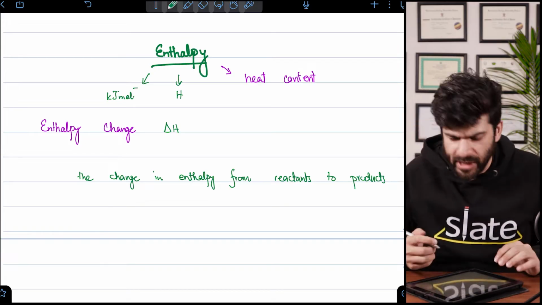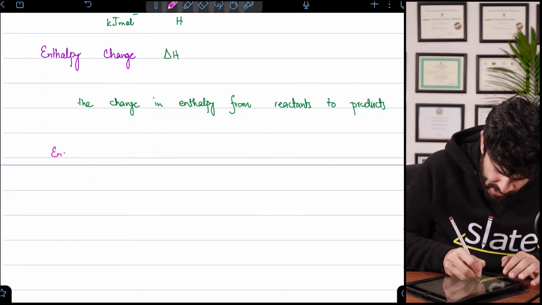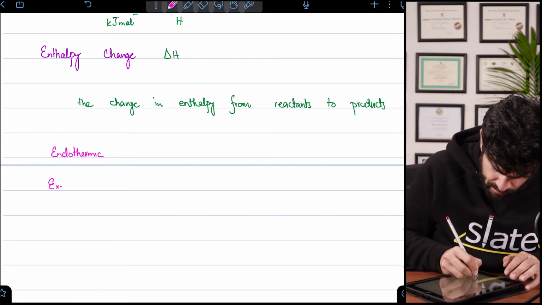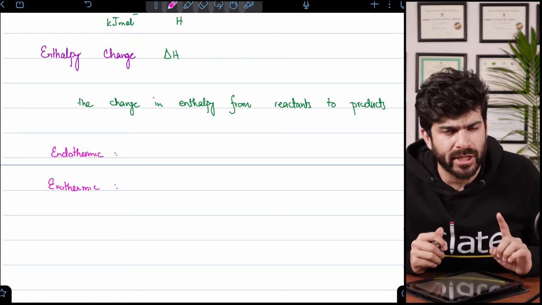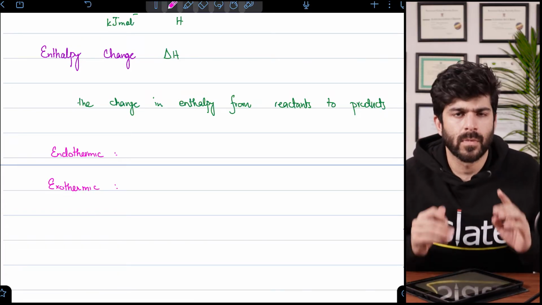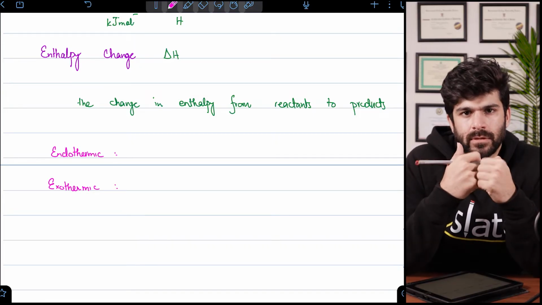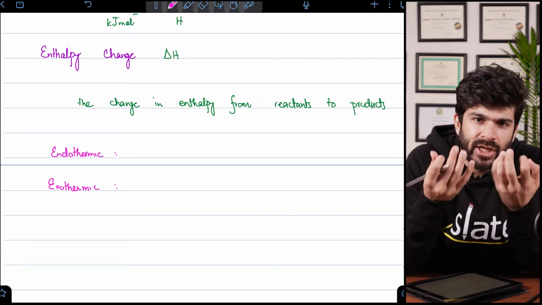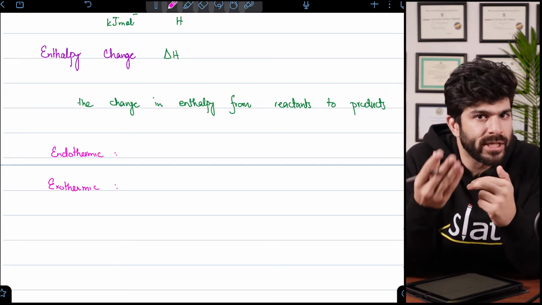So we have two types of reactions. Again, endothermic, exothermic. So in the case of endothermic reaction, the energy is being added. The change of the system, since the energy is coming in, we are adding the energy, we are not losing energy.